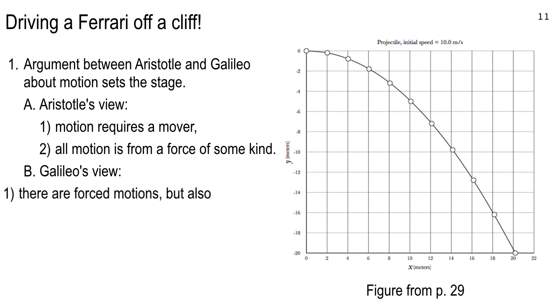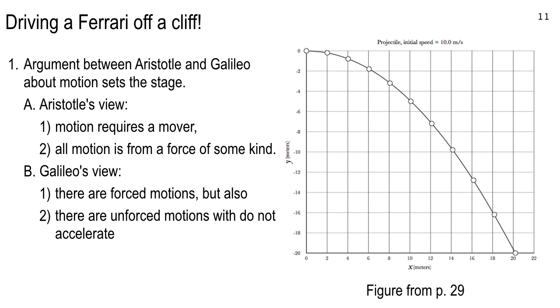Now, Galileo said, yes, there are forced motions, but also there are unforced motions which do not accelerate. In other words, they neither slow down nor speed up. And that is the state of motion that Aristotle would never have admitted to.